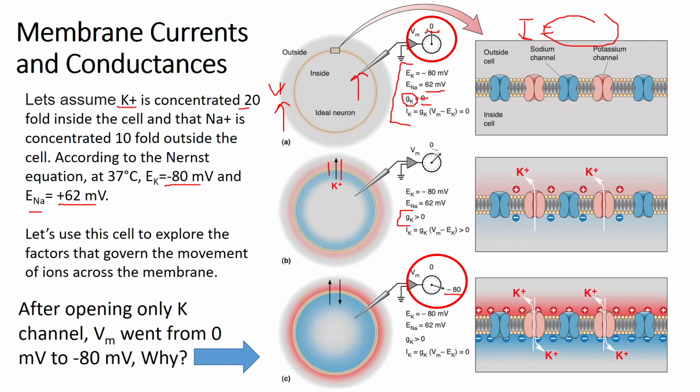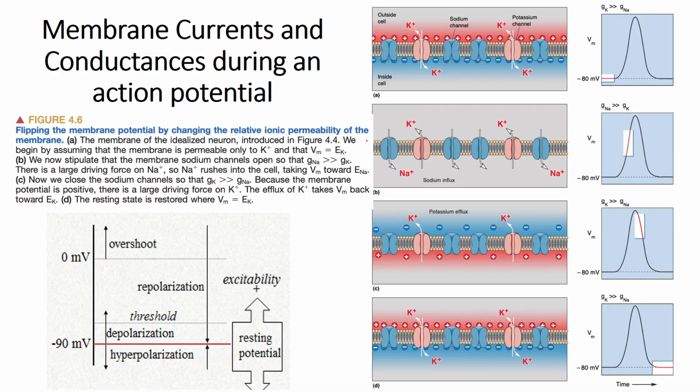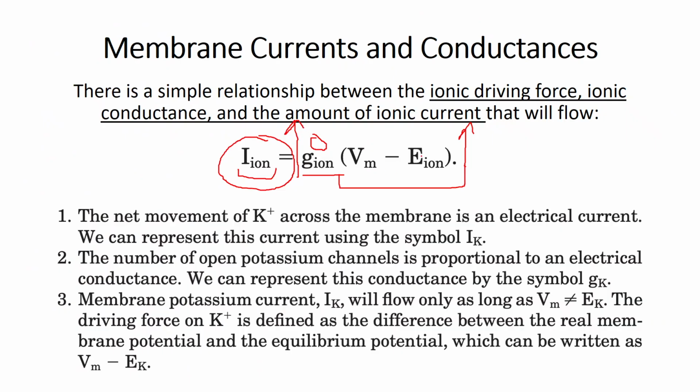So it doesn't matter. As you can see here, with this formula, there will be current only when the conductance is high as well as the ionic driving force is high. If either is 0, then this will result in no current. In the first example, we have a huge ionic driving force for potassium, but no channels are open, and so there will be no movement of potassium.